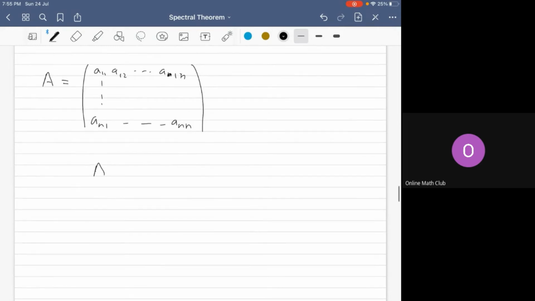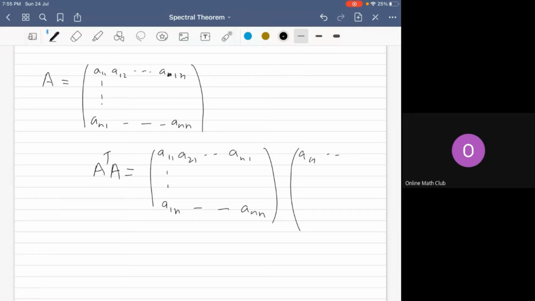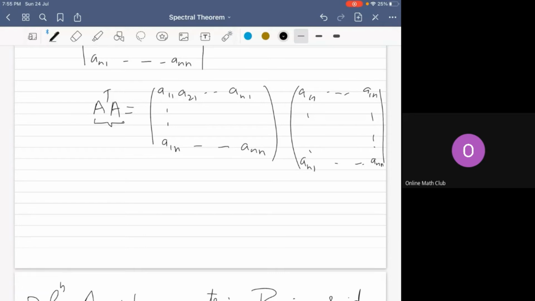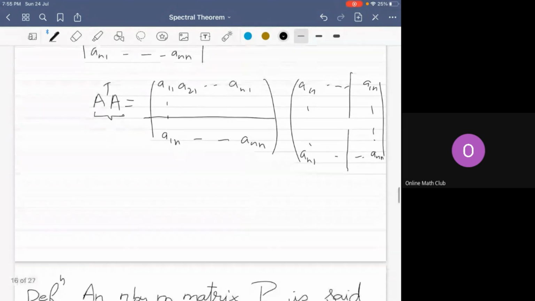then A transpose A would be this thing, times A. The ijth entry of this would be multiplying the ith row of this with the jth column, and that would be this.